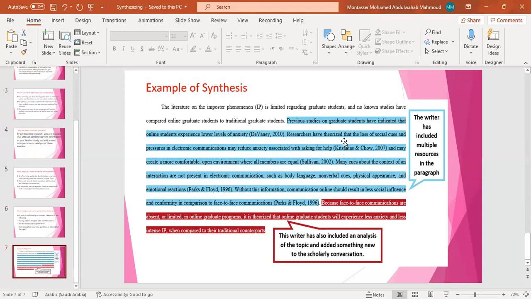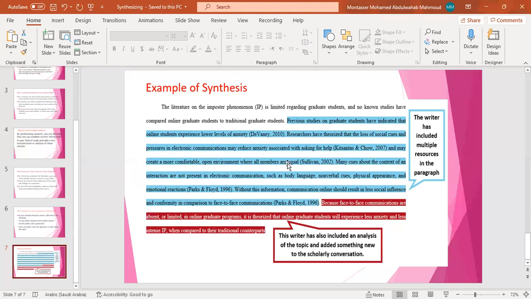So here, the writer of this paragraph has combined information from 4 sources. The writer here has included multiple resources in the paragraph. So this is synthesizing, because in synthesizing, you don't only rely on one source, like paraphrasing or summarizing.